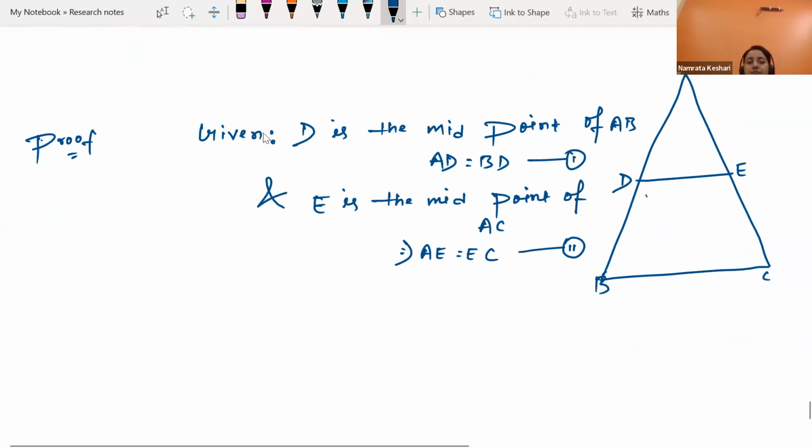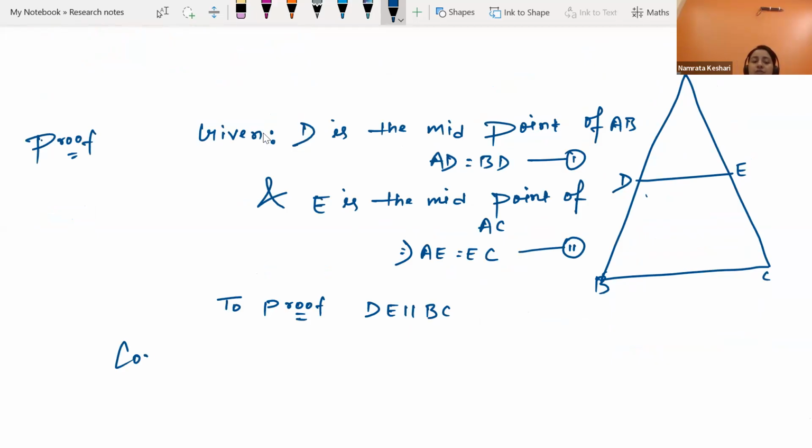Now we have to show that DE is parallel to BC. Let's do the construction first.